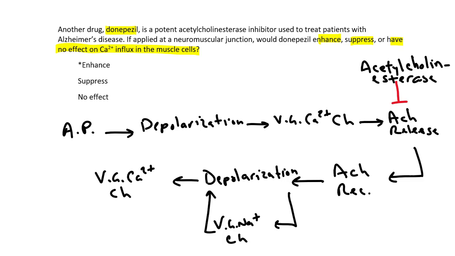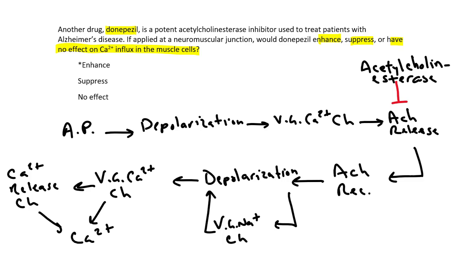And of course, when these open, this also leads to the calcium release channels being open. And both of these will lead to calcium being released into the cytosol. So the activation of calcium is calcium concentrations going up in the cytosol. And this leads to muscle contraction.